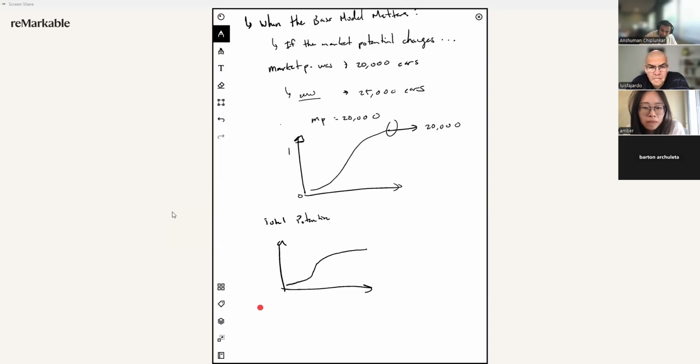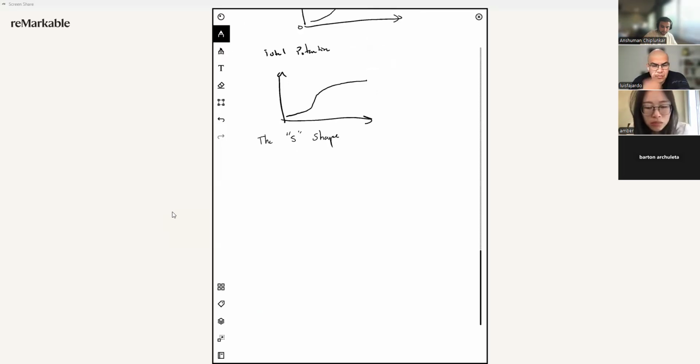We're going to call this part just the S shape, and it's an almost perfect representation of the base model. And from now on, we're actually going to be talking about a little bit of the math involved.